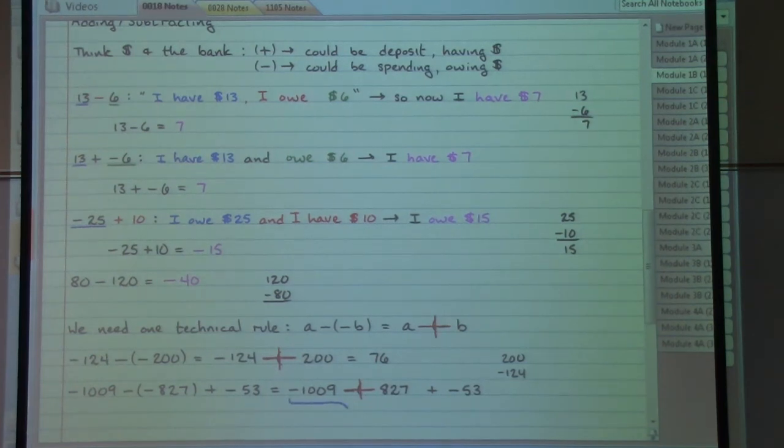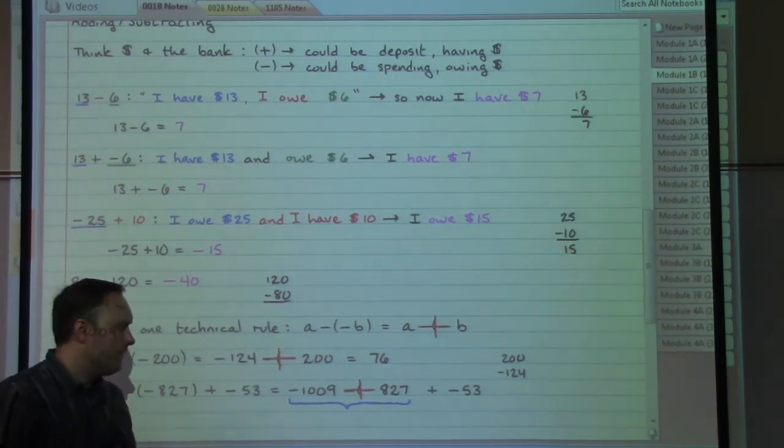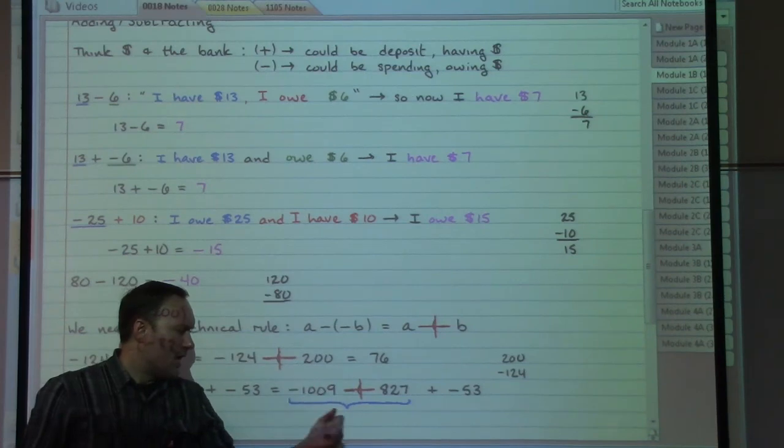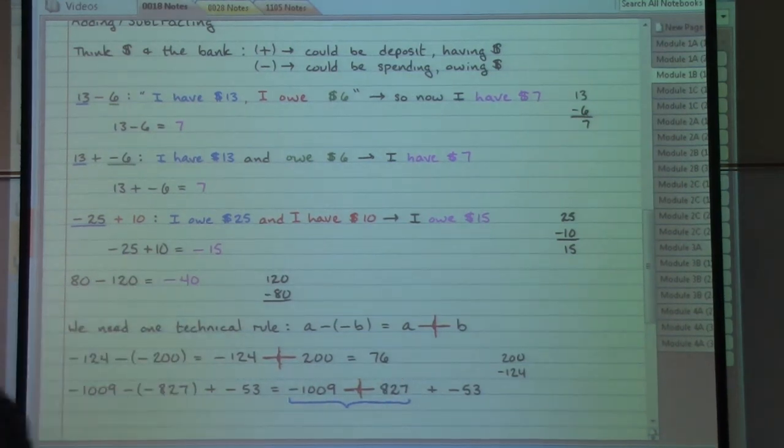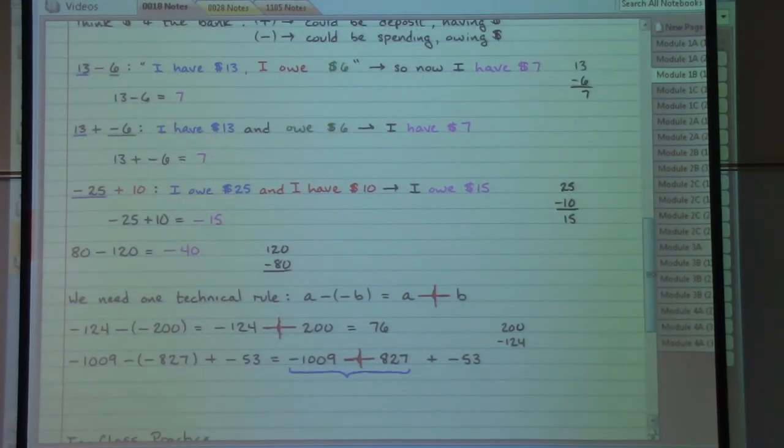One way of working through things would be to just take care of the first pair of numbers and see how things go. We owe 1,009. We have 827. So overall, what's going to be going on here is that we will still owe some money.